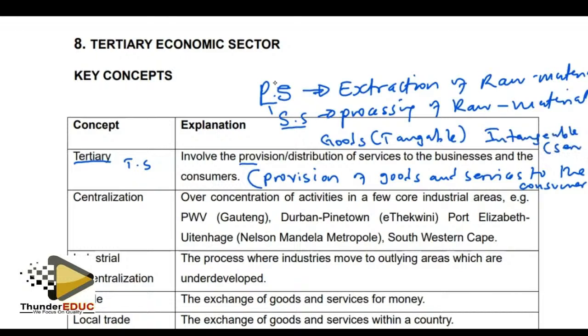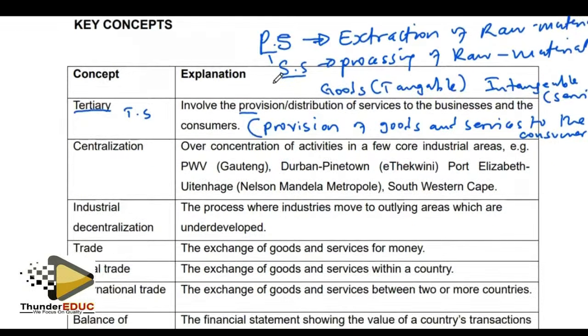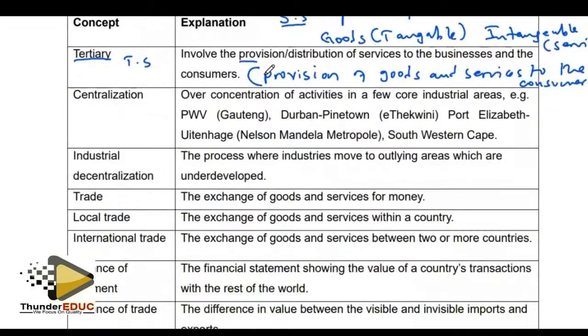The services. All right. Then we have another concept, which is centralization, and we saw more about this. It means over-concentration of activities in a few core industrial areas, meaning that industries are more clustered in Pretoria in Gauteng, Durban and Pinetown in KwaZulu-Natal, Port Elizabeth, and the southwestern Cape.